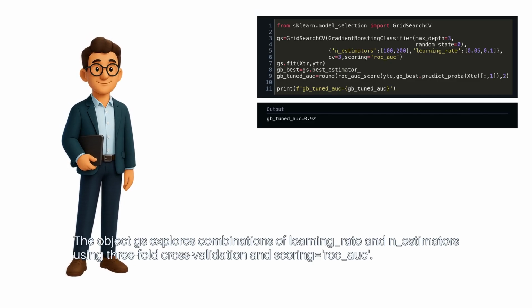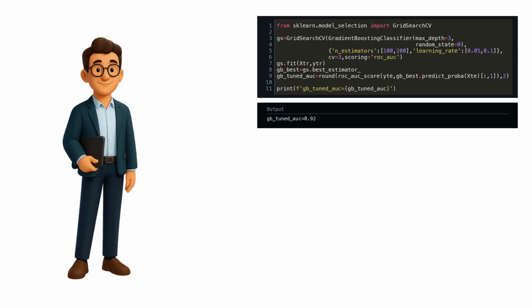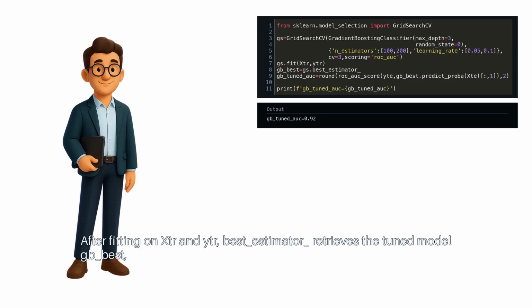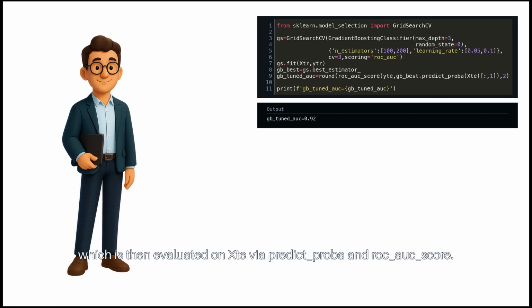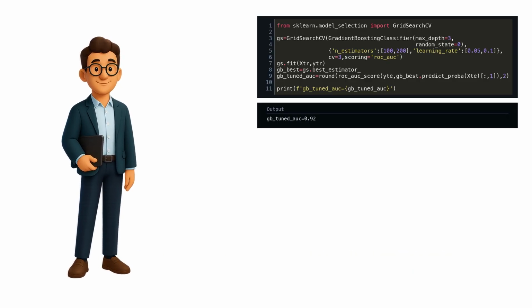The object gs explores combinations of learning rate and n_estimators using threefold cross-validation, and scoring equals ROC AUC. After fitting on X_train and y_train, best_estimator_ retrieves the tuned model gb_best, which is then evaluated on X_test via predict_proba and roc_auc_score.